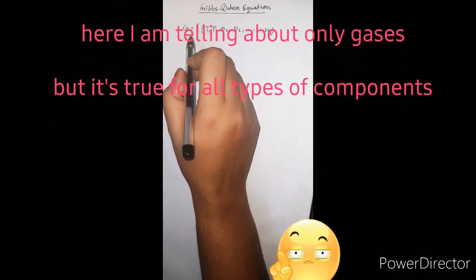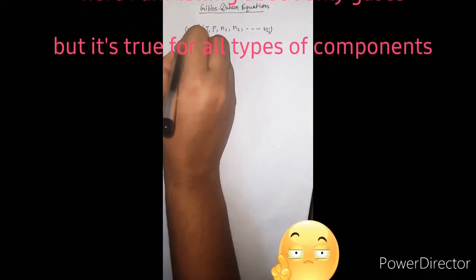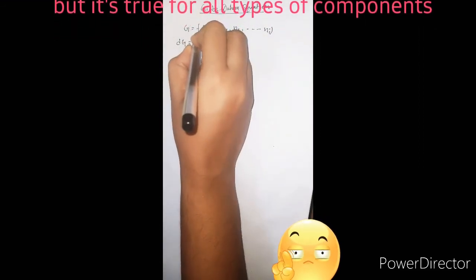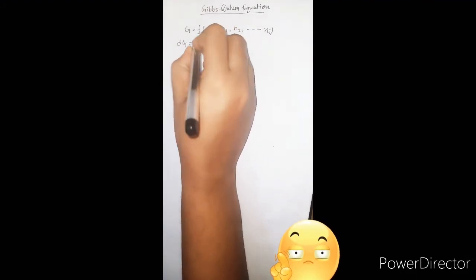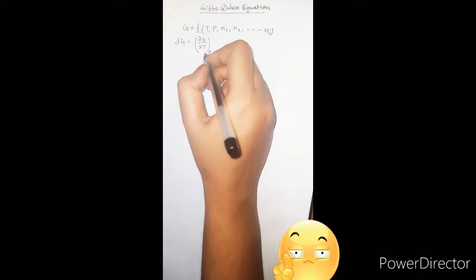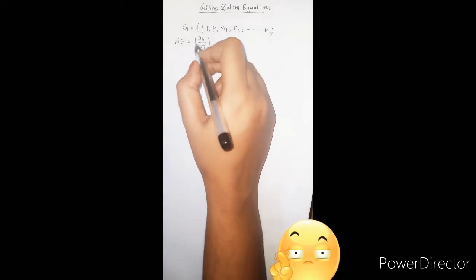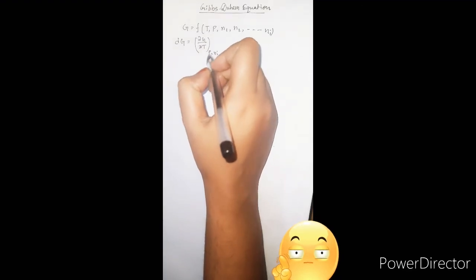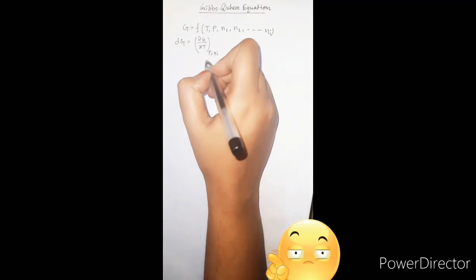So we know that if we take the differential of this Gibbs free energy function, then dG will be equal to del G del T at constant P and ni. That means we are differentiating G with respect to T when pressure and the moles of the gases are constant.